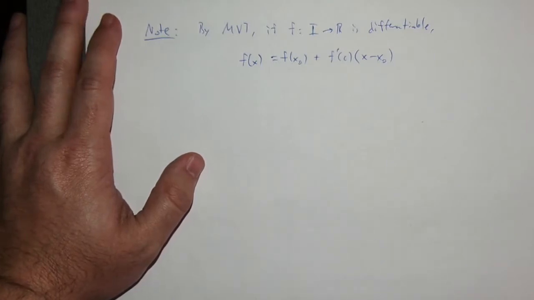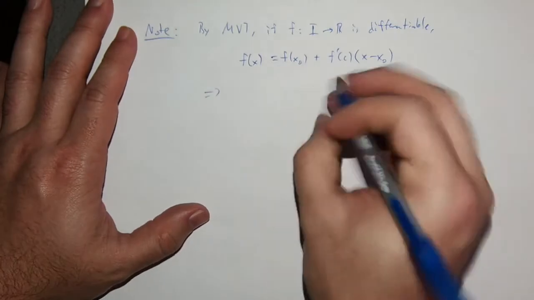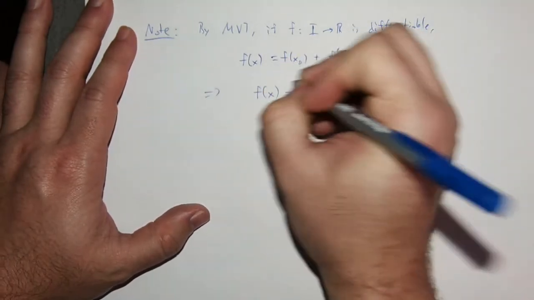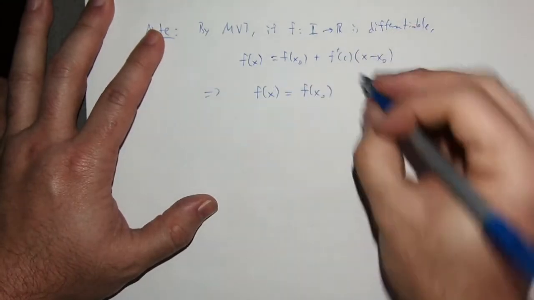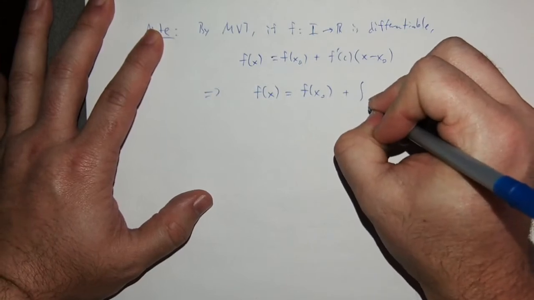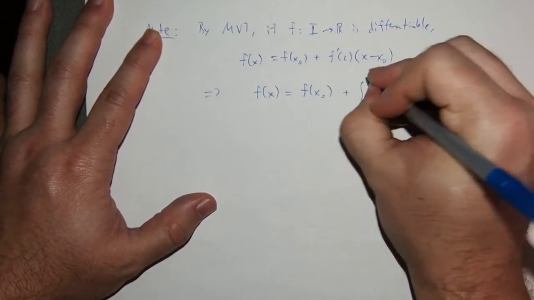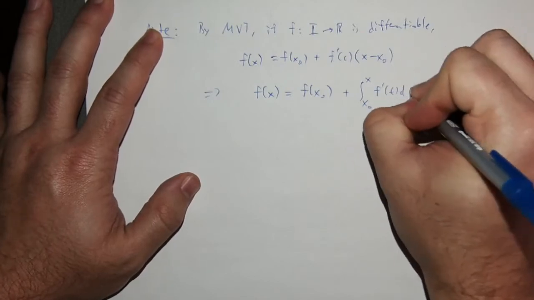And so if it's differentiable and its derivative is continuous, I have no problem writing this in a slightly more suggestive way: f of x is f of x naught plus the integral from x naught to x of f prime of t dt.